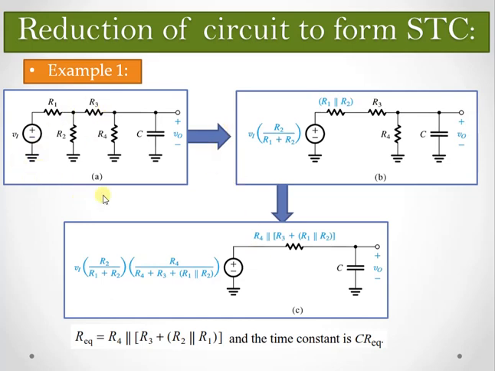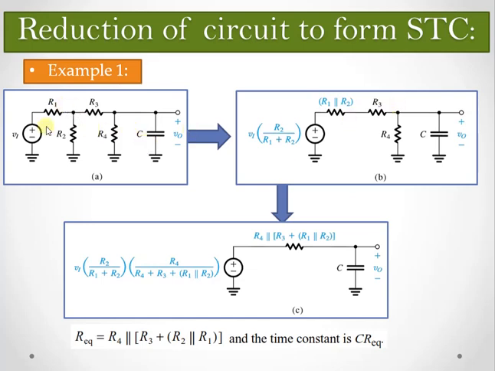Here, as you can see, there is one figure which shows many resistances and capacitances, and this circuit can be reduced to have a single resistance and a single capacitance. So what we are going to basically do is use Thevenin's theorem repeatedly so that we obtain a single resistance and a single capacitance.